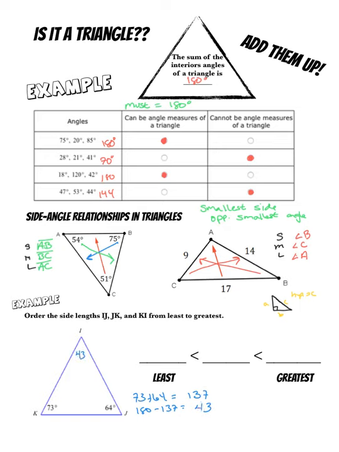So angle I is 43 degrees. Now I know my biggest angle, my smallest, and my medium. All right, smallest angle is smallest side. That would be KJ. Middle angle, middle side, KI. Largest angle, largest side, IJ. That wasn't bad at all.